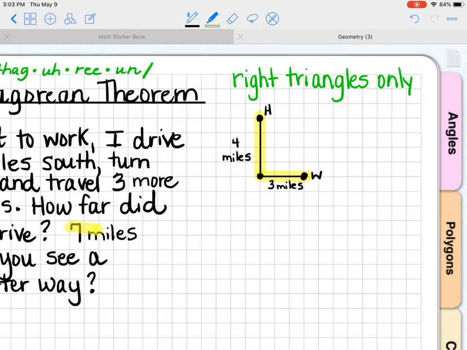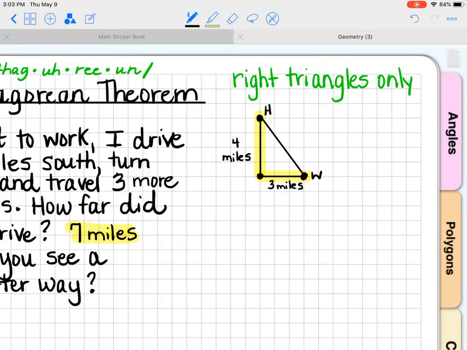Okay, so that first question is answered. Do you see a better way? Is there another way that I could get from home to work? Well, sure there is. Assuming there's nothing in the way, I could just drive in a straight line.